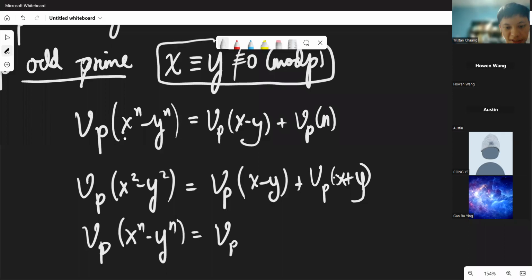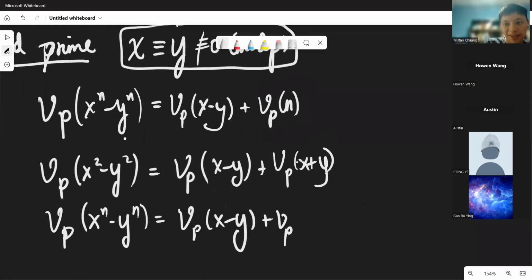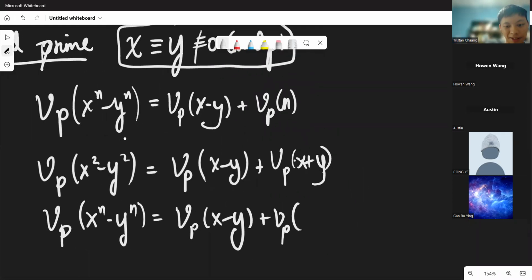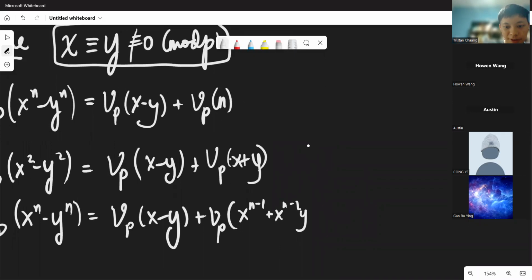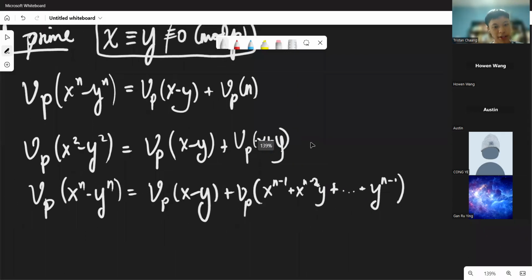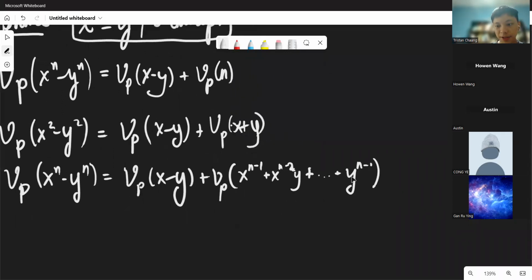Again, use your factorization skills. This is just x minus y times the junk, the things that you get after dividing. And that's x to the n minus 1 plus x to the n minus 2 y, sorry, the letter y, not asking why. And then so on until y to the n minus 1. Okay, and we expect this thing to cancel to 0.